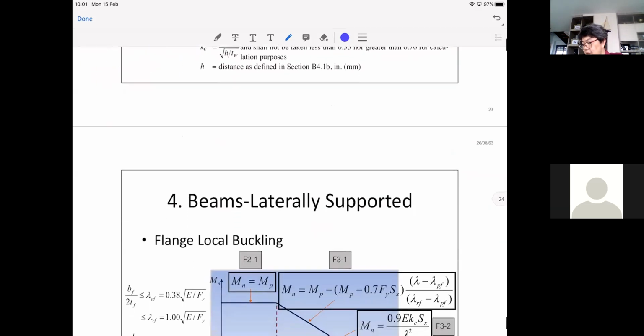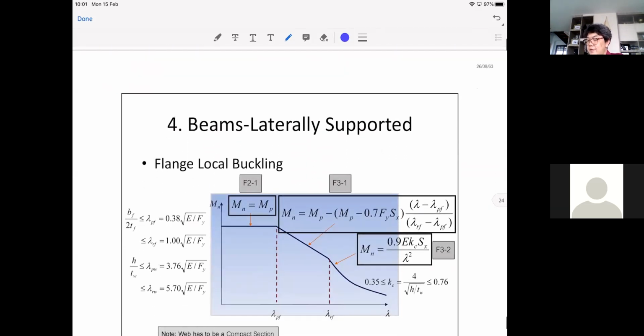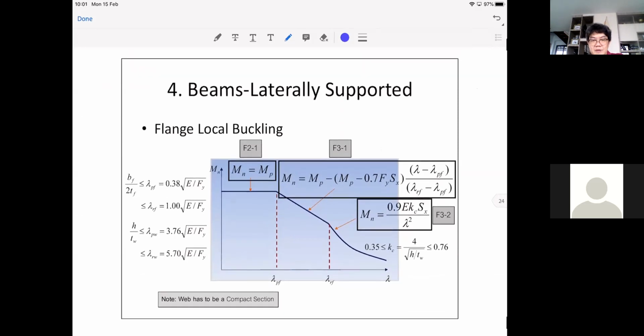All right, so if I put that into our design philosophy, this will be your one and all graph that you can always use. This is lambda p for the flange. Lambda p is this value. And for the web, it's that value.